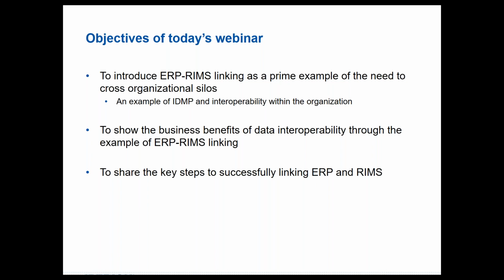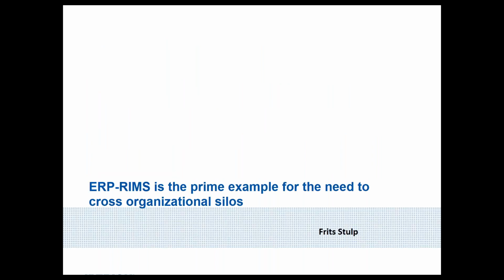Secondly, we want to show you the business benefits of ERP-RIMs linking. And thirdly, we will share the key steps to successfully linking these two data sets. Now on to the exciting parts, and I'm giving the word to Fritz.